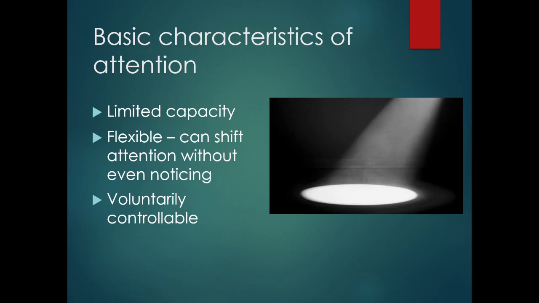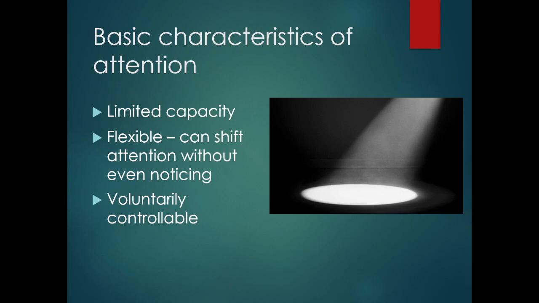What some researchers think, or some theorists say, is that our attention is like a spotlight. And just like a spotlight, it can move. Whatever you are currently illuminating with your attention is the part that you will notice and you'll pay attention to, that you'll remember later on, those kinds of things. Everything that's in the dark background there that's not being illuminated is very unlikely to be noticed, is very unlikely to be remembered later.